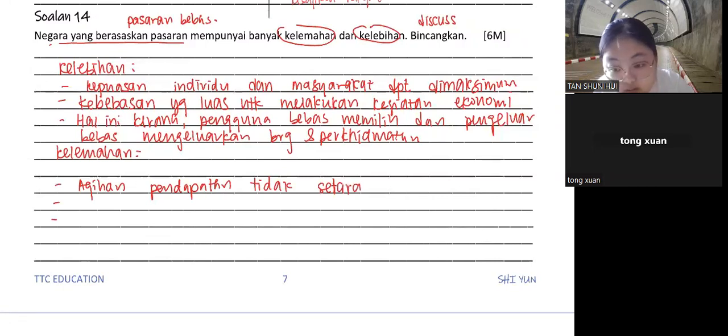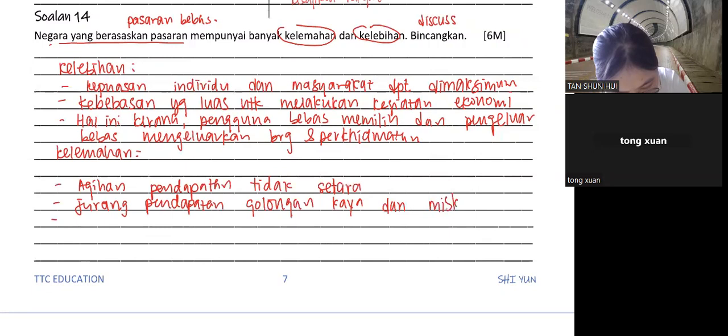Okay. Then what happened? The gap will be bigger. Jurang pendapatan golongan kaya dan miskin semakin besar, getting bigger and bigger.